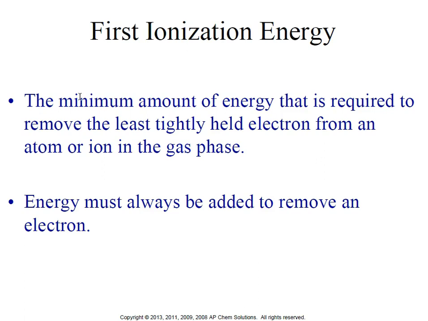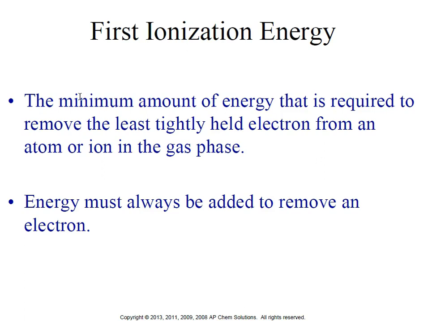The ionization energy is, by definition, the minimum amount of energy that is required to remove the least tightly held electron from an atom or an ion in the gas phase. We have to be specific about when we're taking this electron off, because in different states it would take different energy. So by definition, the element needs to be in the gas phase.